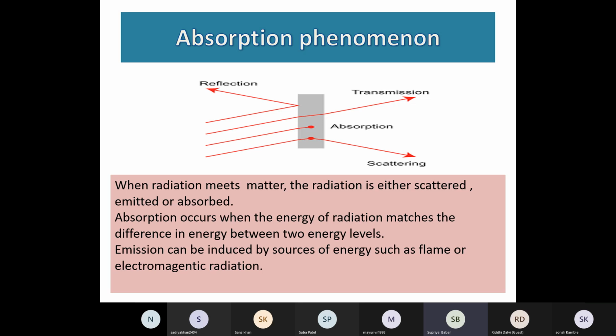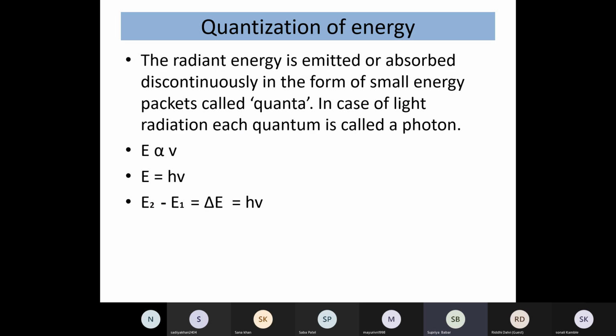See here, delta E is equal to h nu. If the frequency is higher, then more energy will be absorbed.